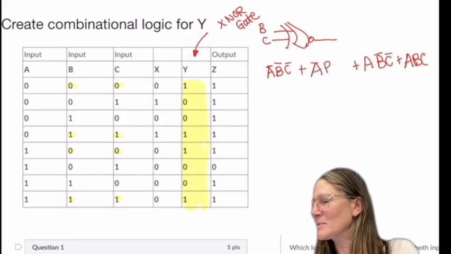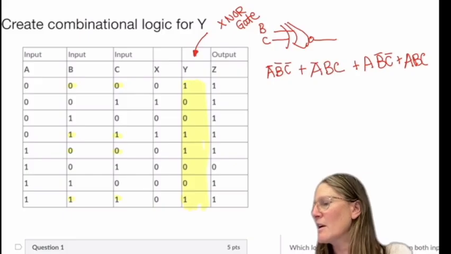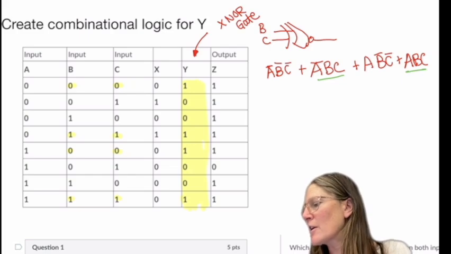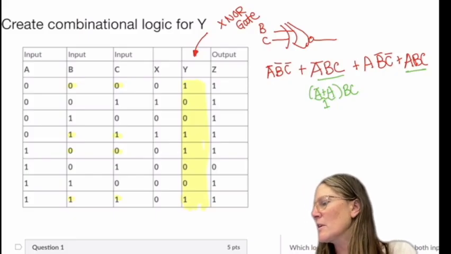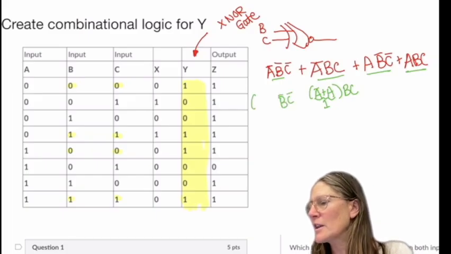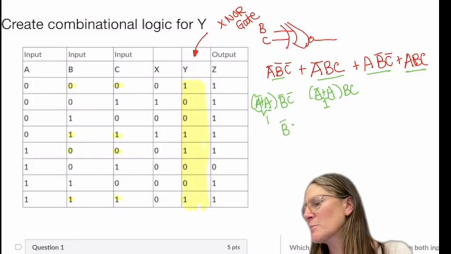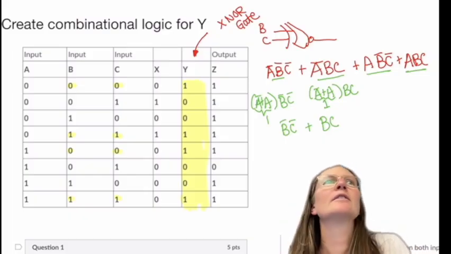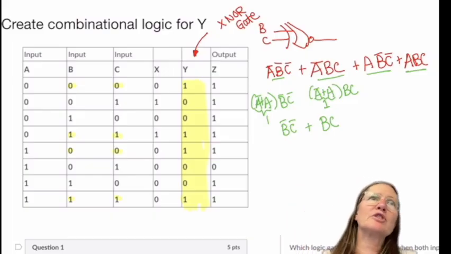These 2, I have A bar and A, so I could factor out BC and do A bar or A, which is always a 1. And then here I have B bar, C bar, and again A bar or A, which gives me 1. So then I have B bar, C bar, or BC, which looks like an XNOR function.